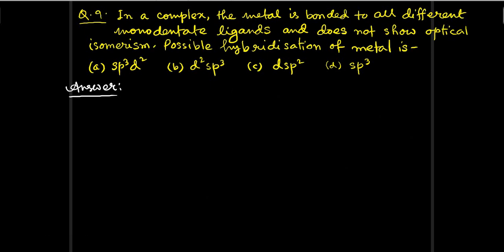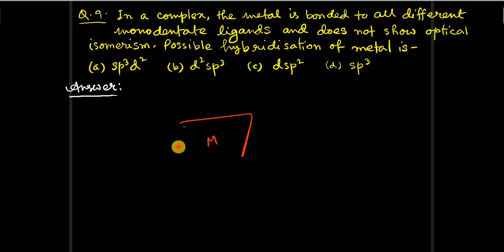Next, in a complex, the metal is bonded to all different monodentate ligands and does not show optical isomerism, possible hybridization. So for options A and B, sp3d2 or d2sp3, that means octahedral complex.